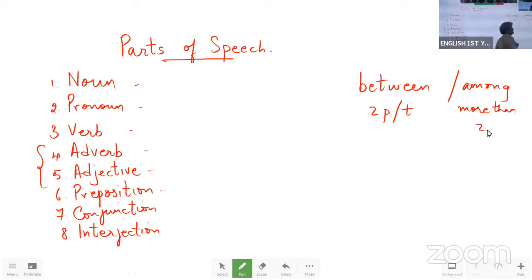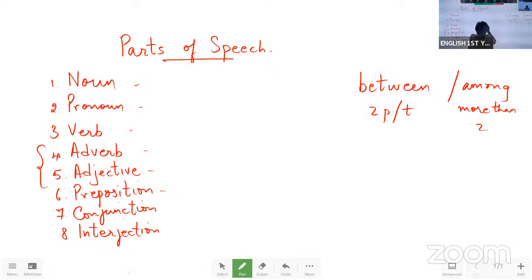Take for example, the sweets were distributed between Hari and Ali, two people. The sweets were distributed between Sarah and Sana. The sweets were distributed among the students, more than two, among the students.